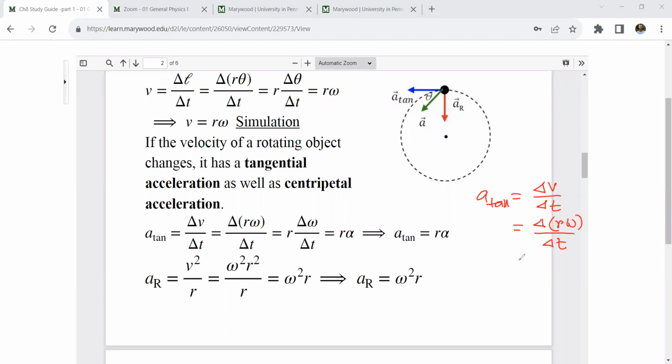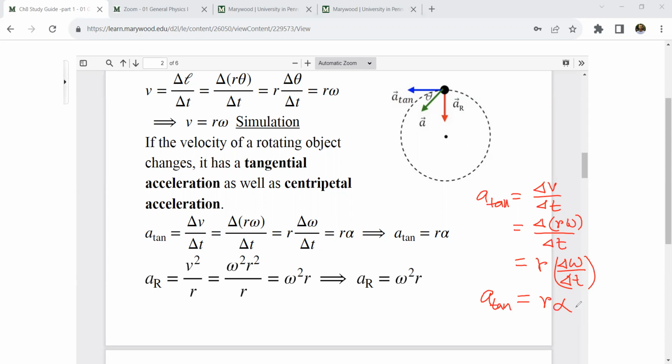R is the radius, so it's a constant, we can take it out. So what we get here is R alpha, because the rate of change of the angular velocity with respect to time is the angular acceleration. So a_tan equals R alpha.